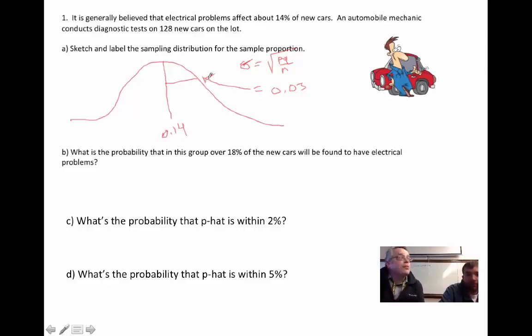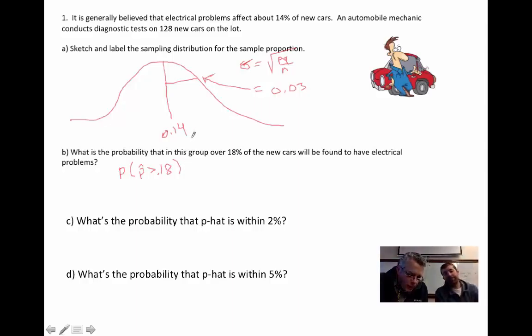So what is the probability that in this group, over 18% of the new cars will be found to have electrical problems? That would be bad. If the true population is 14%, his sample is 18%. So we want the probability that P hat is greater than 0.18.